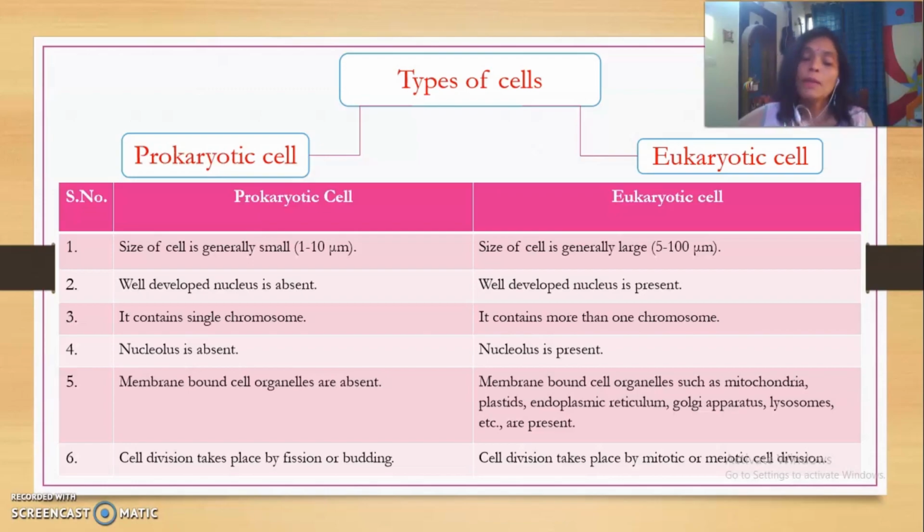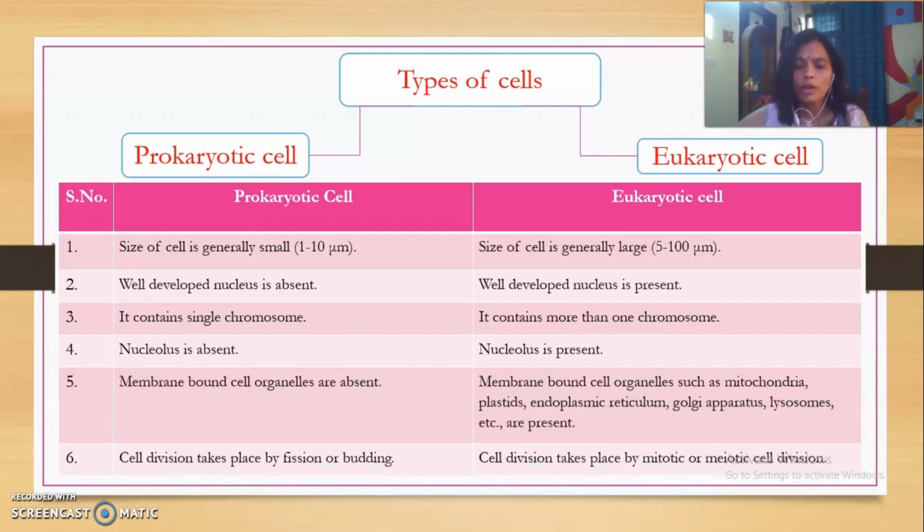Next comes the difference in terms of their cell organelles. Inside the cell also there are smaller organ-like structures which we call organelles. These prominent, well-developed, membrane-bound organelles can be seen only in the eukaryotic cell, but the prokaryotic cell lacks them. The last difference is regarding division.